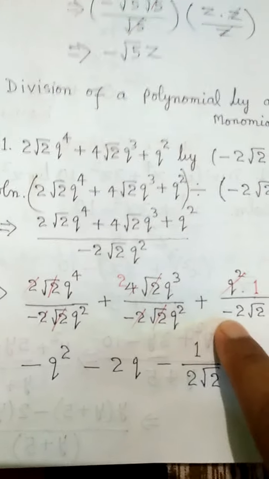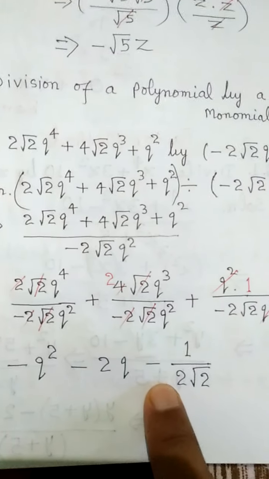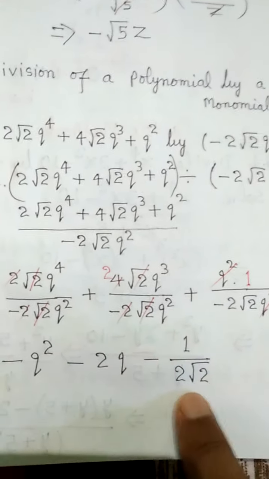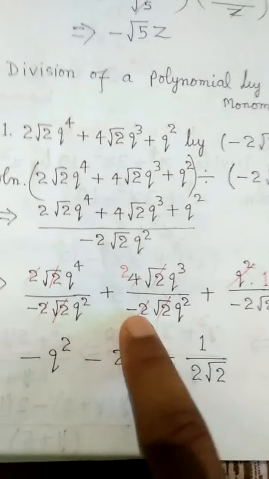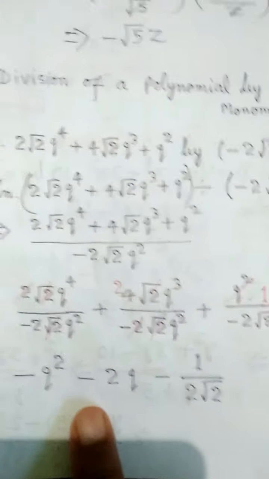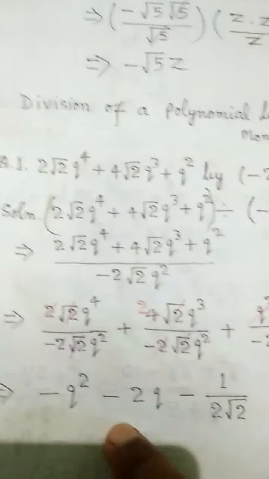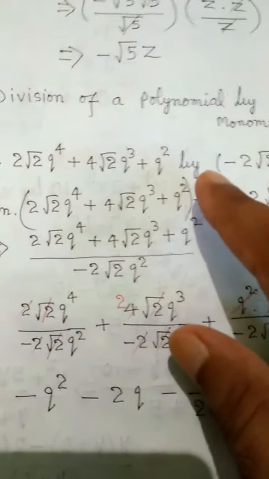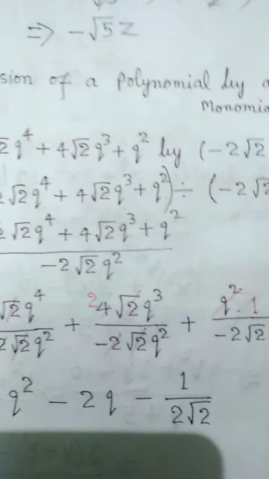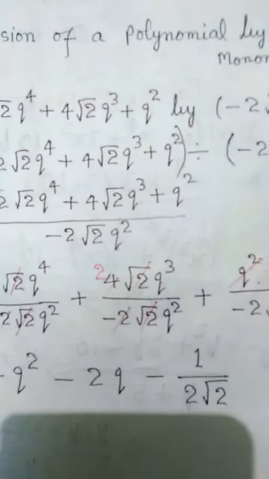Minus is here, plus minus minus. 1 by 2 root 2. Here is also plus minus minus. This is our final solution of division of a polynomial by a monomial. In this way, this question is solved.